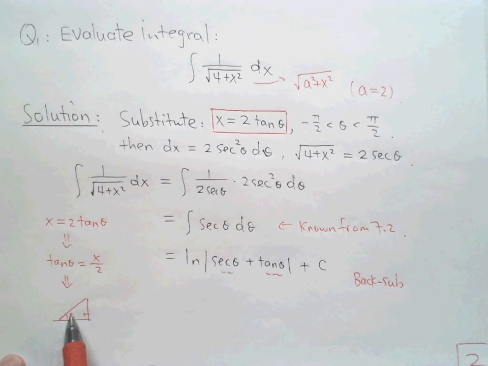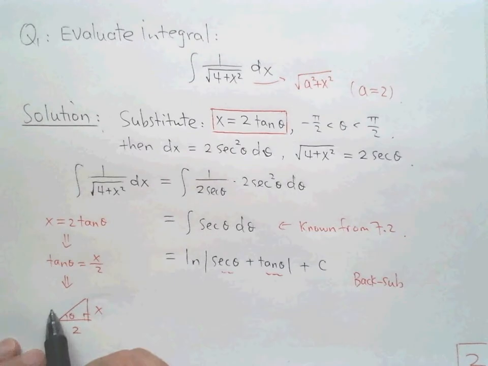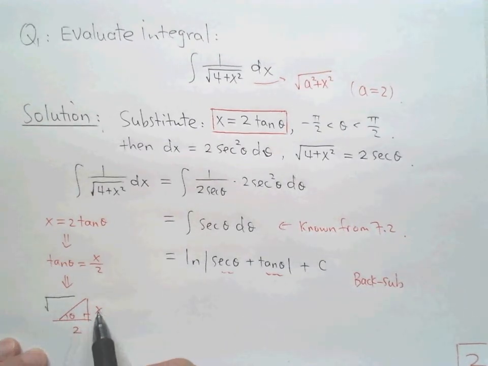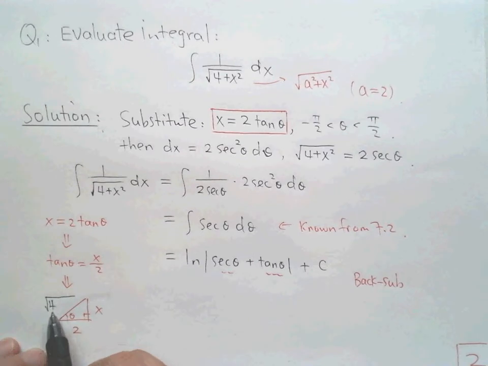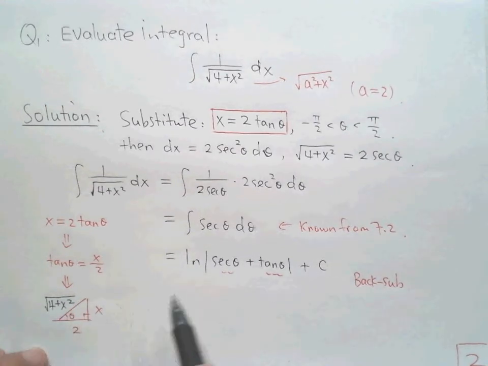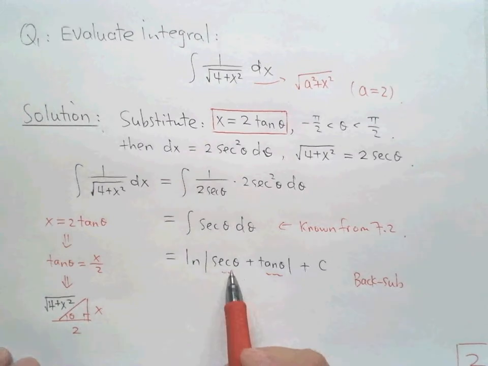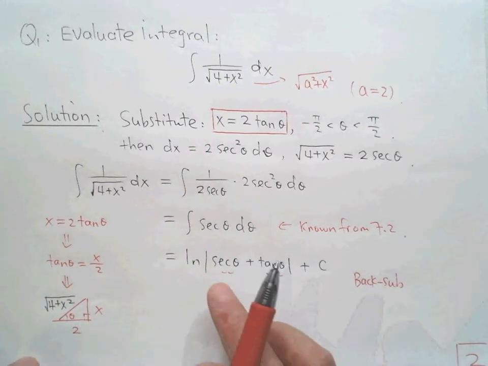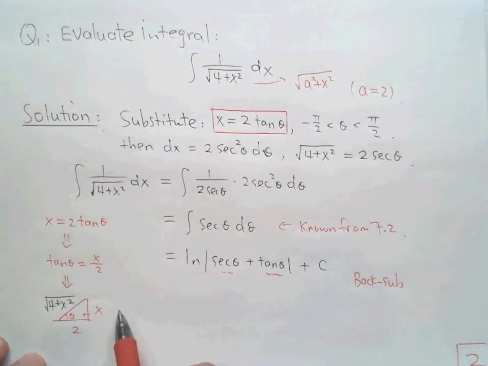I put theta here, x here, and 2 here. Now we can solve for the hypotenuse, which is the square root of 2 squared plus x squared, which is the square root of 4 plus x squared. Now we have everything.